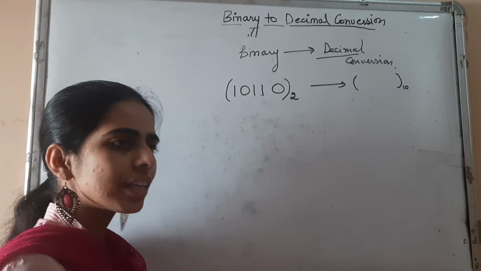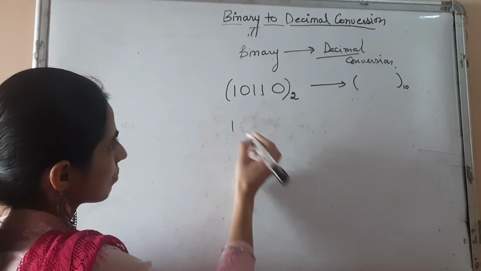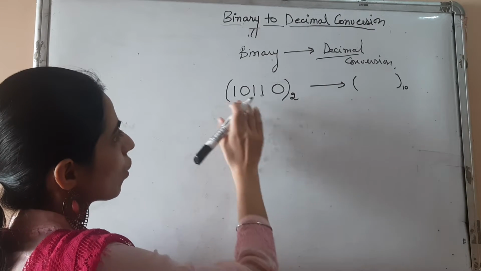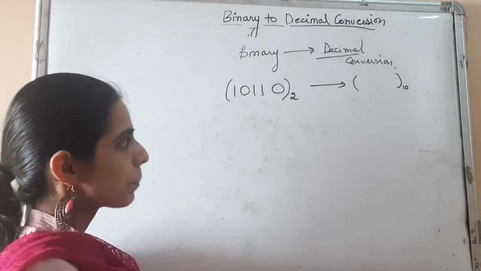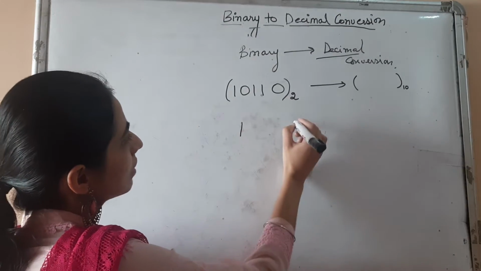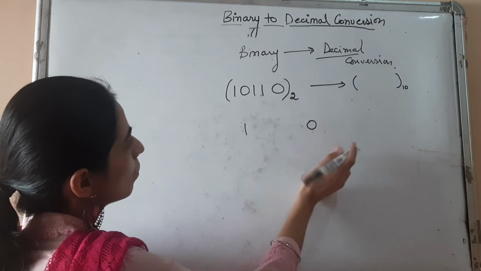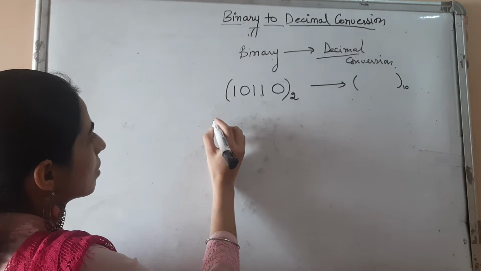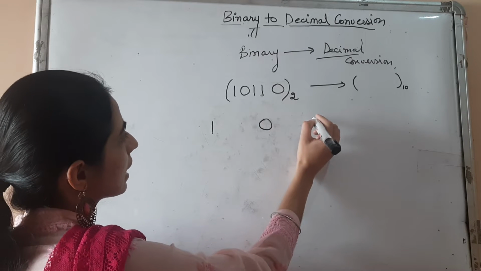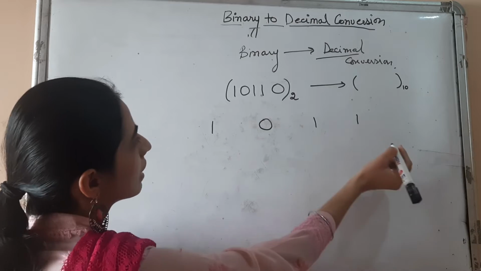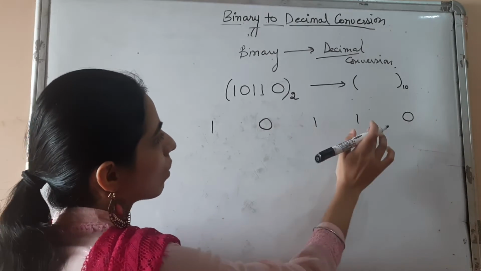It's very, very easy, right? So let's have a look over here. Firstly, we will copy all the digits of the binary number which is given to us, okay? So it is 1, 0, 1, 1, 0.